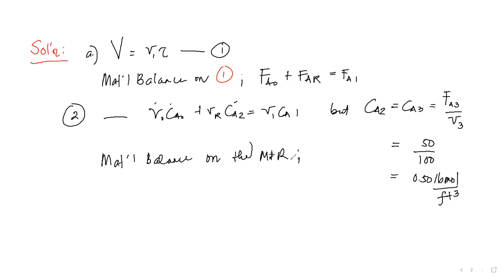Now, if you do material balance on the MFR, CA1 should be equal to CA2 plus the amount that disappeared due to the reaction.